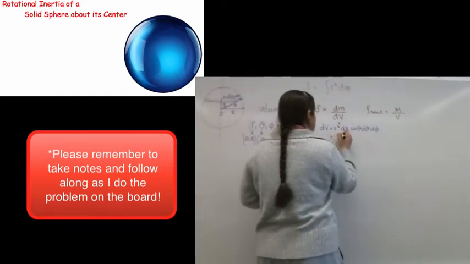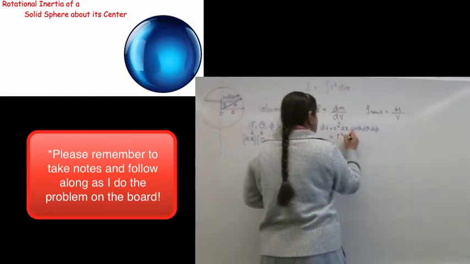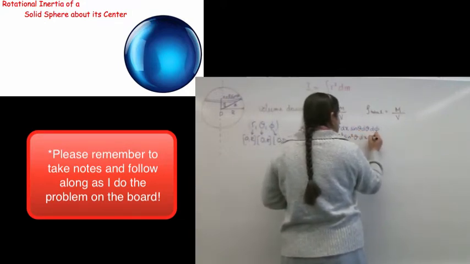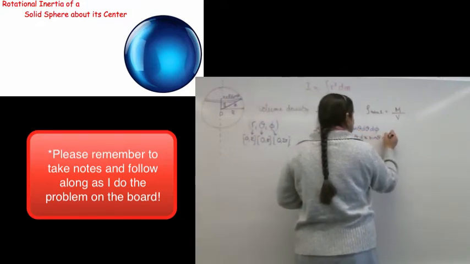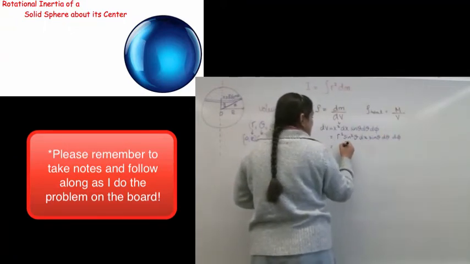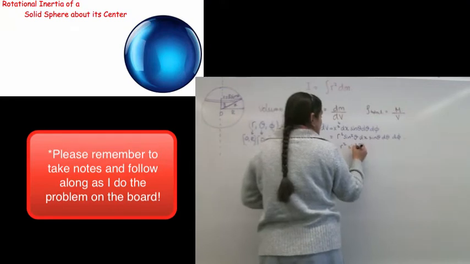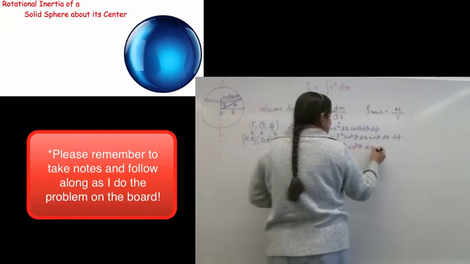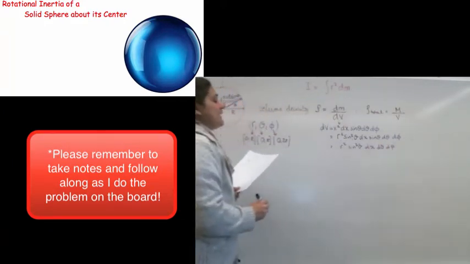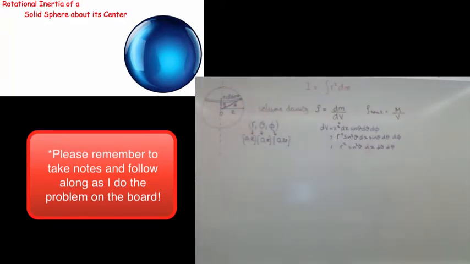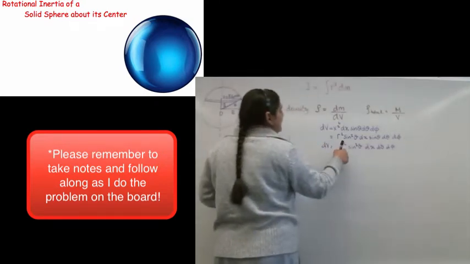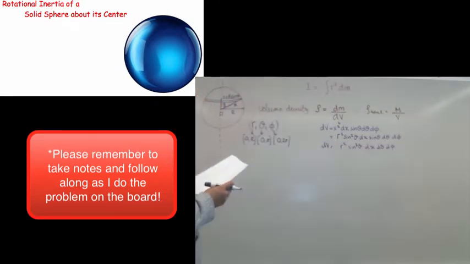What do I get? r squared sine squared theta dx sine theta d theta d phi, which is going to make it r squared sine cubed theta dx d theta d phi. Do you see how that one worked? Okay, so dv for a sphere is given by that value over here.